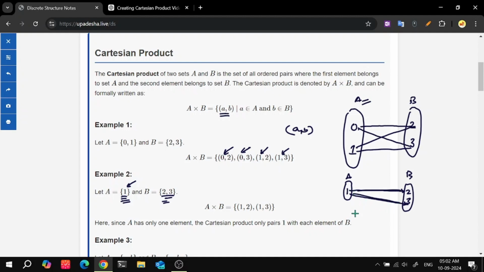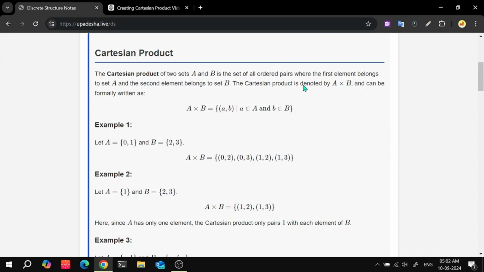If you see clearly, the number of elements in A cross B is equal to the number of elements in A into the number of elements in B. Let's see in this case how many elements we have got. What is the number of elements in A?